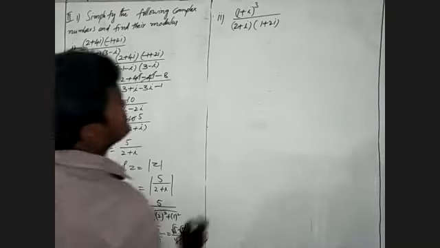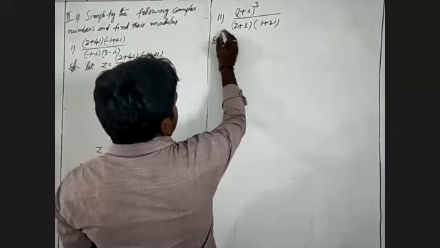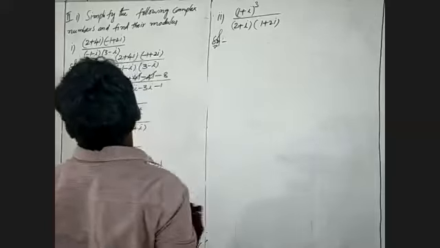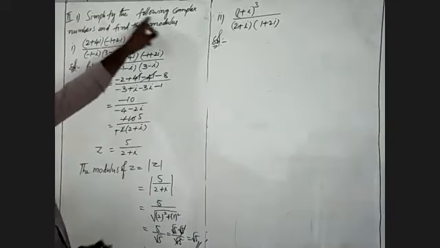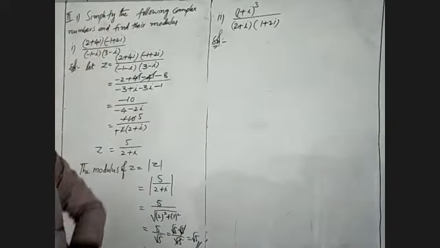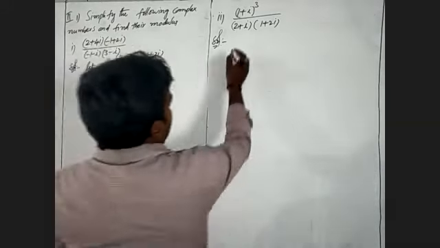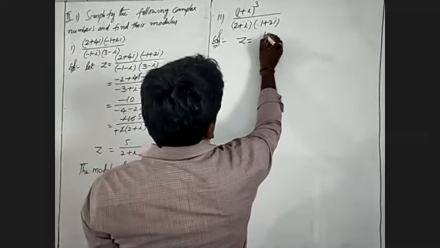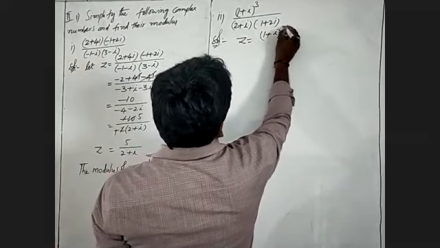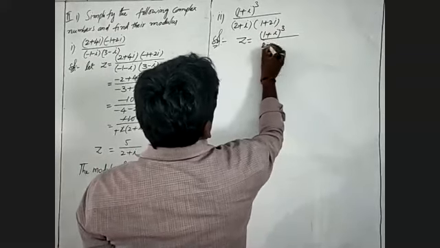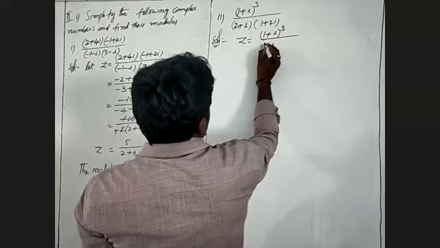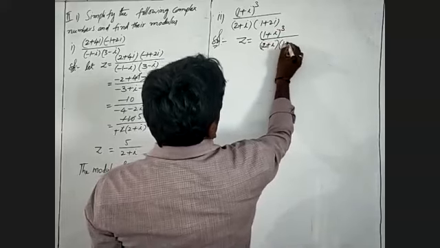Now I am going to the second one. This also we will take as z. Simplify the following complex number and find its modulus. Given complex number is (1 plus i) whole cube by (2 plus i) into (1 plus 2i).